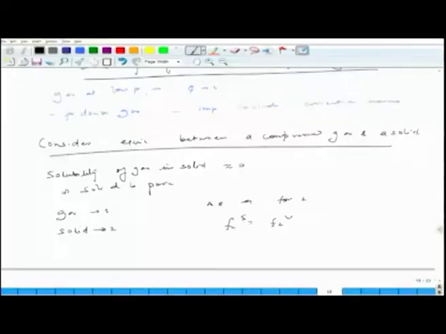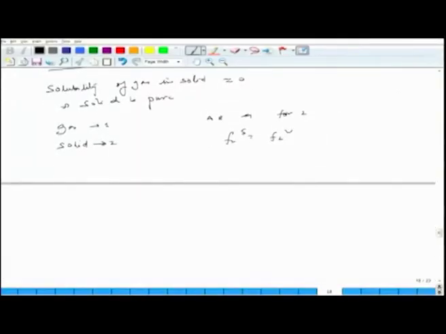Okay. Now, since f2s is pure, we can straight away connect this f2s as P2S phi 2S exponential of (P minus P2S) V2S by RT, right.